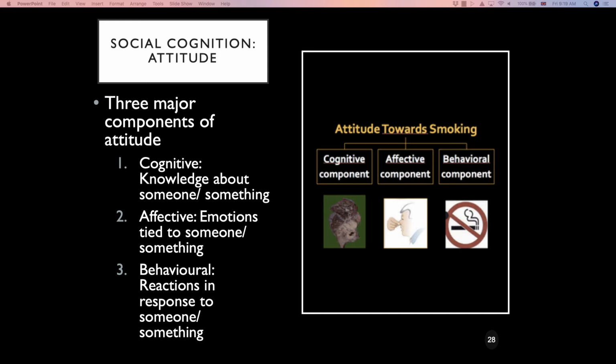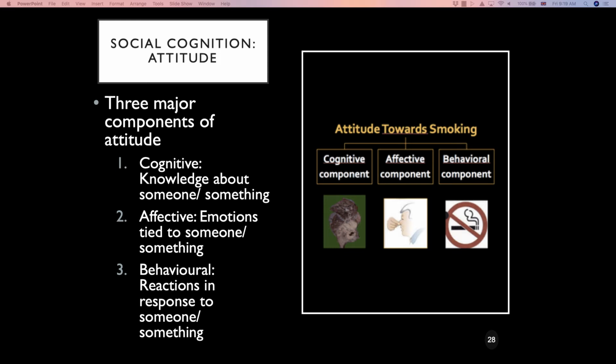Now, 3 major components of how we form an attitude. This is important, you need to remember this. Components of formation of attitudes: a cognitive aspect, an emotional, affective aspect, and a behavioural component as well.